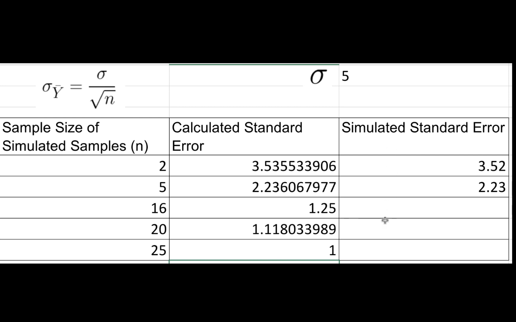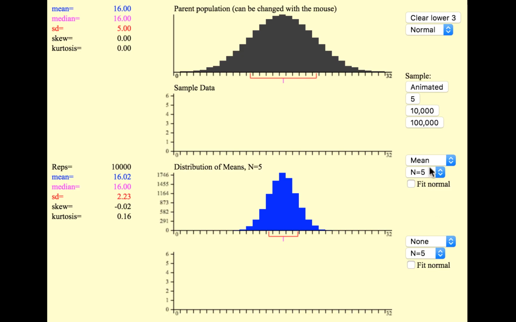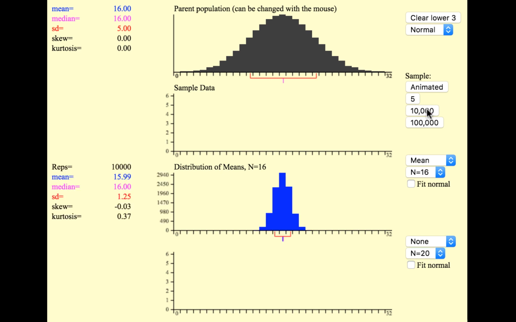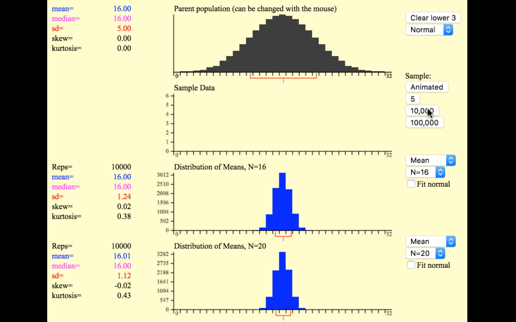Will we see the same patterns when we simulate? So I'm going to change this to n equals 16 as well as n equals 20, and let's simulate 10,000 samples. Oh, I forgot to click mean here. So 10,000 samples. And what do we see?